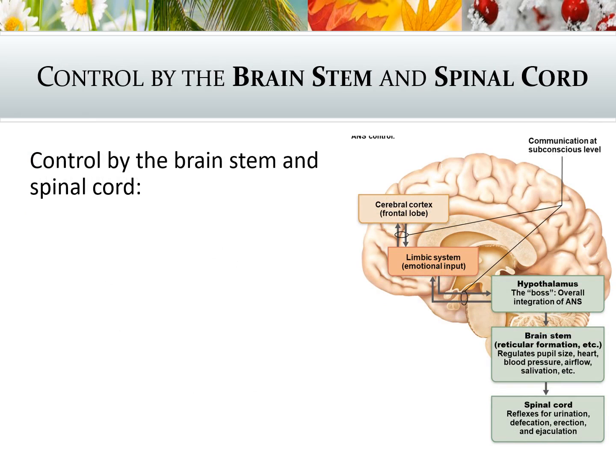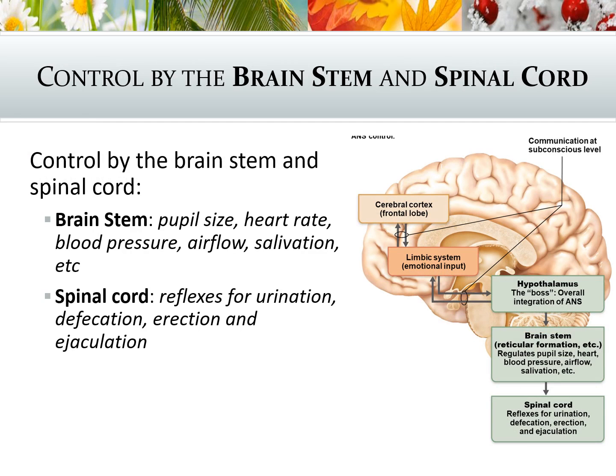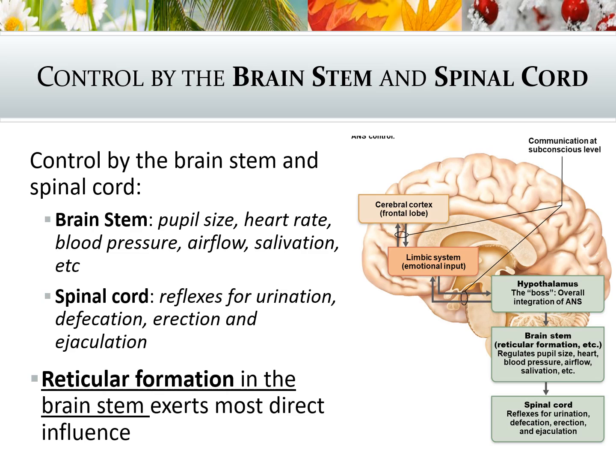So now let's talk about the brainstem and spinal cord, okay? So the brainstem really houses the reticular formation, right? The reticular formation, we said, exerts the most direct influence over a lot of the autonomic nervous system.